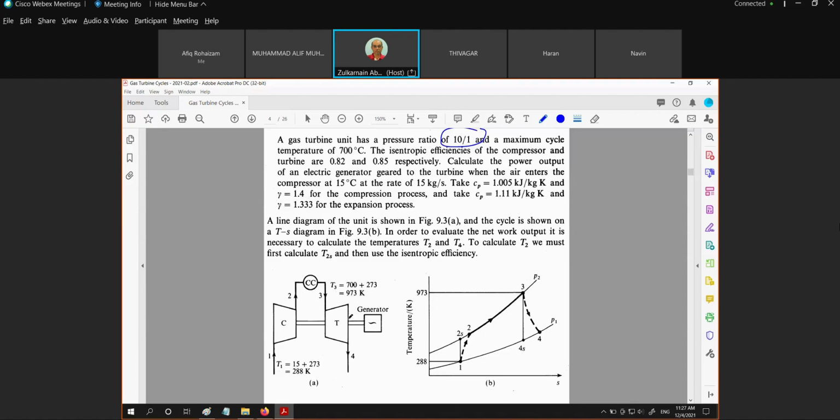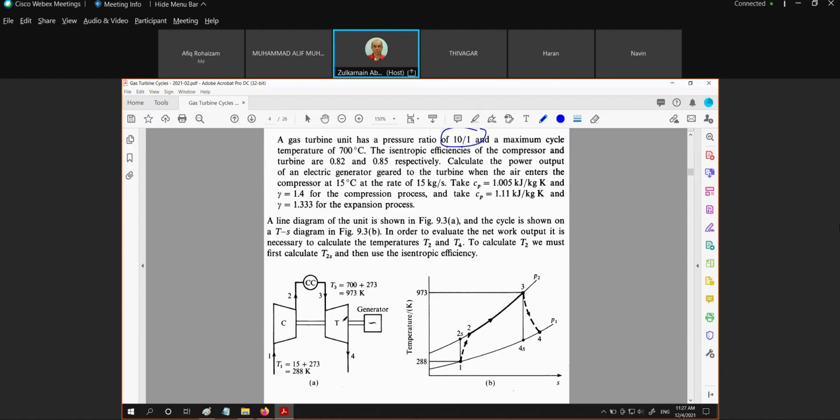So meaning that now we have one turbine, one compressor, and one electric generator, right? Then the coupling should be in one shaft. We have one shaft connected to all three rotary devices, which are the compressor, the turbine, and the generator.